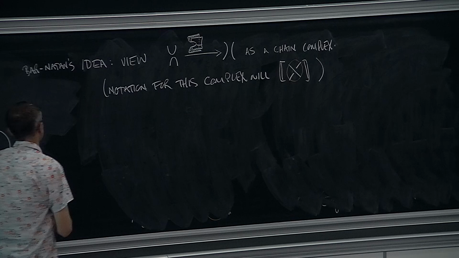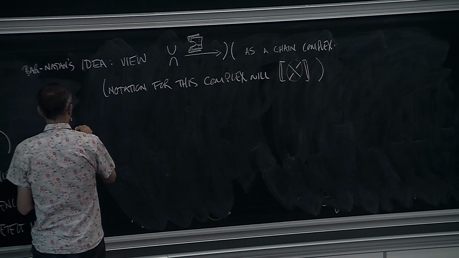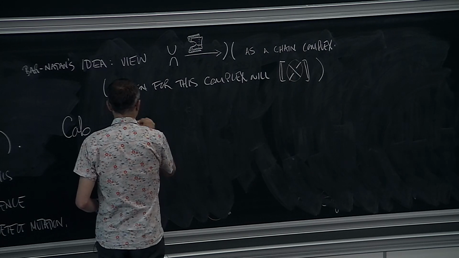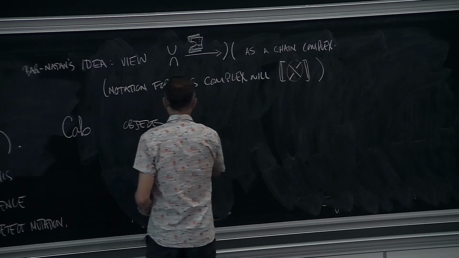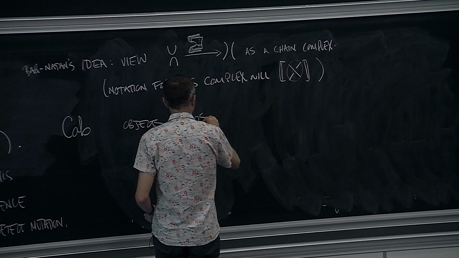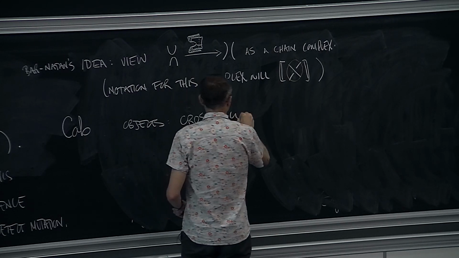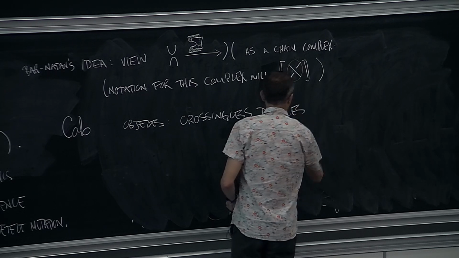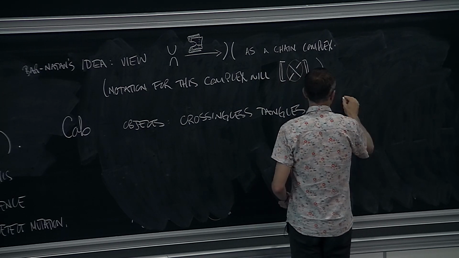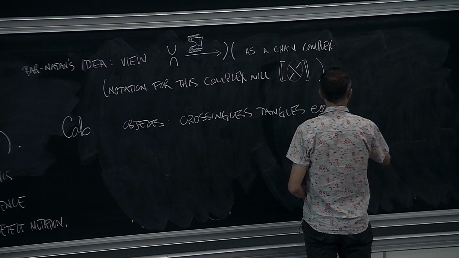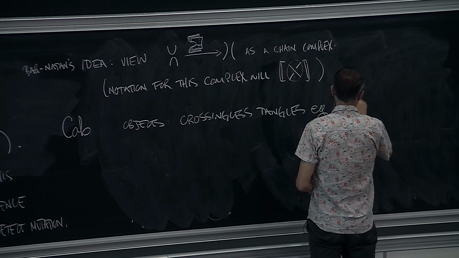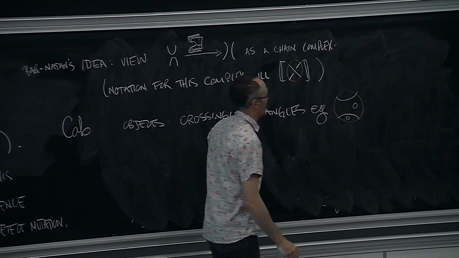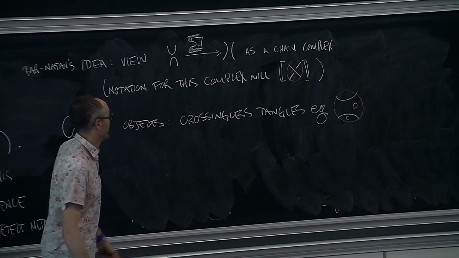So what Bar-Natan does is he introduces a category, Cob. This has objects that are crossingless tangles. That is to say, things like this, a perfectly good crossingless tangle, so it can have closed components.